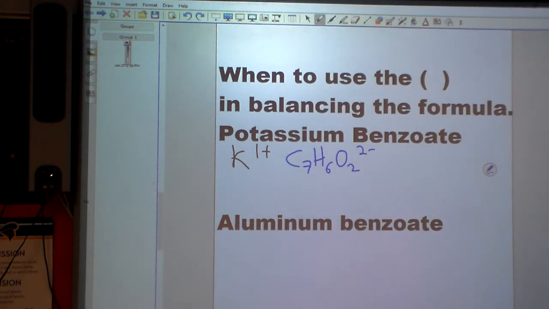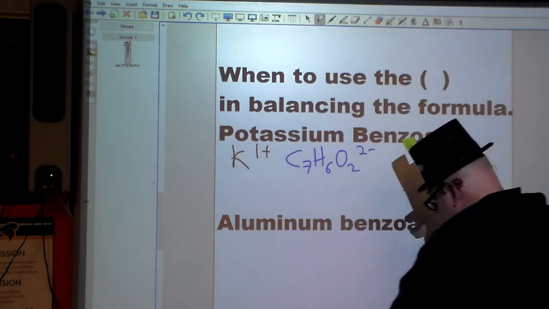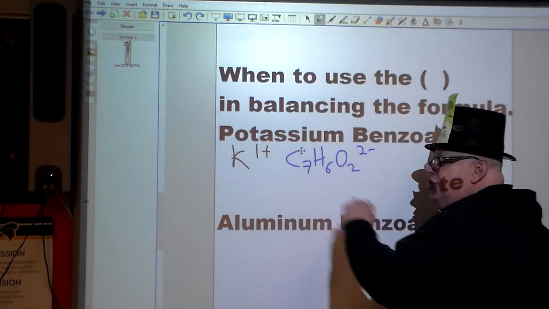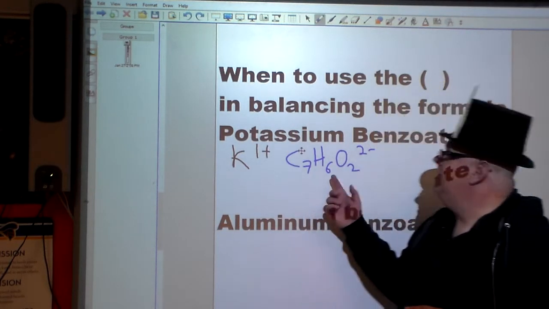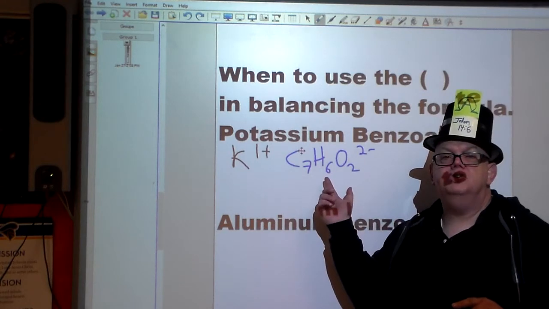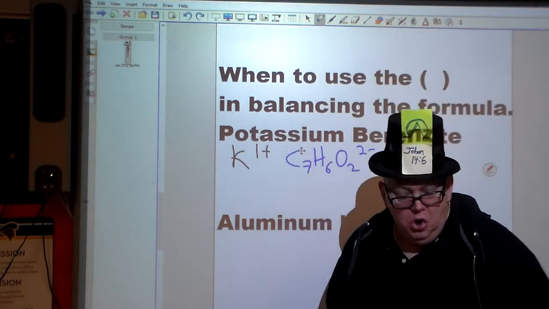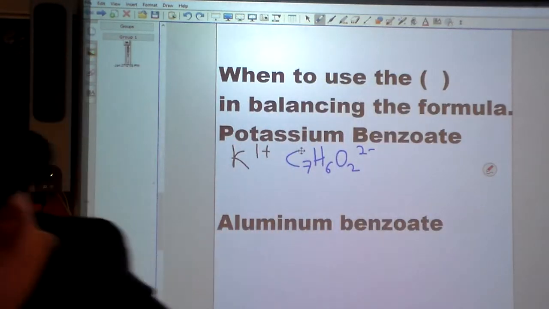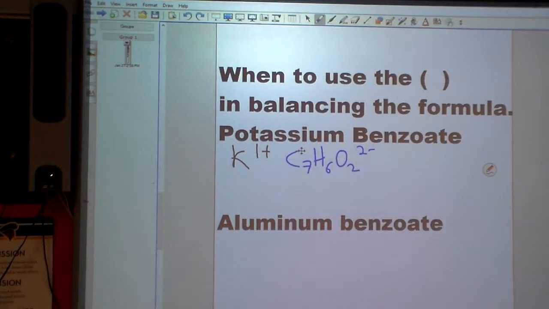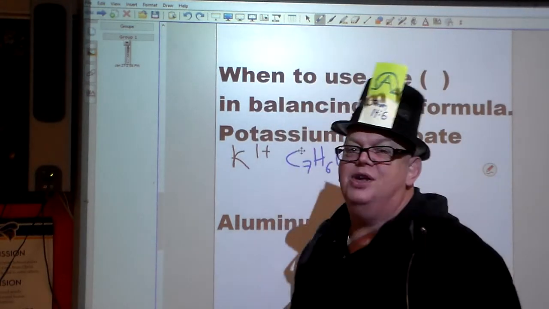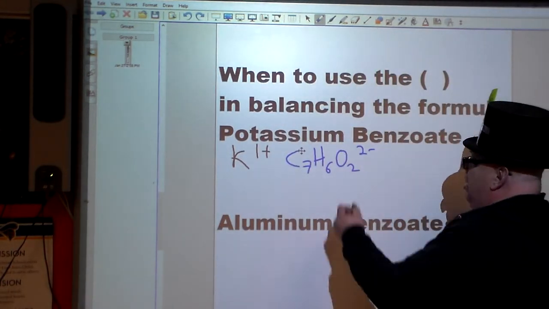Okay? Now, in this one here, we're still going to do the crisscross method because there are 2 parts. You'd say, but wait, this part has got a lot of atoms to it. So it's still overall a -2 charge. I dropped the marker. Can you believe this? Oh, the quality of this production just keeps going downhill, right? Okay.